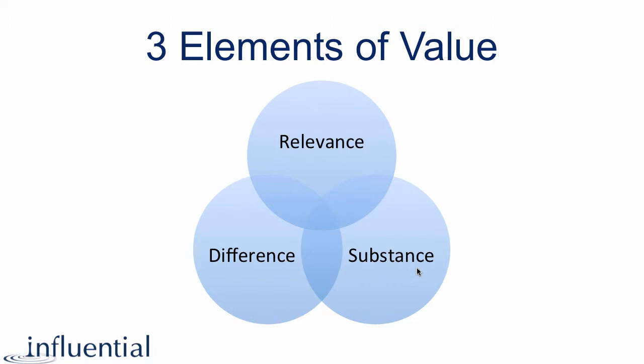So with relevance, that's about it being for your customer. For example, if I'm selling cat food and you don't have a cat, then there's just no relevance at all there. So they need to be in the market for what you have. They need to care about it. It needs to be made for them.